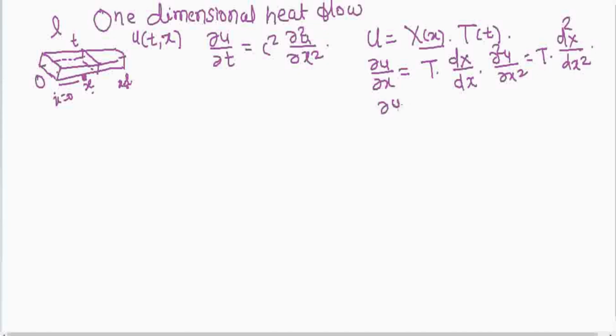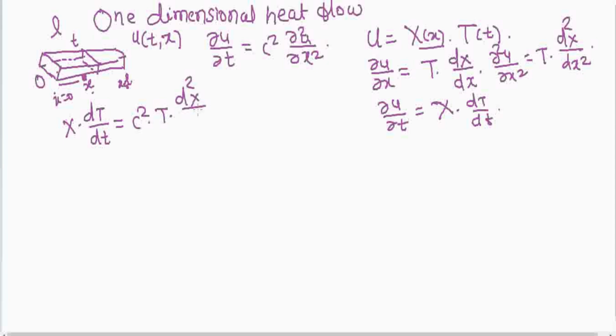Now del u by del t equal to capital X into dT by dt. Substituting these values in the equation, we have X into dT by dt equal to c square into T into d2X by dx square.